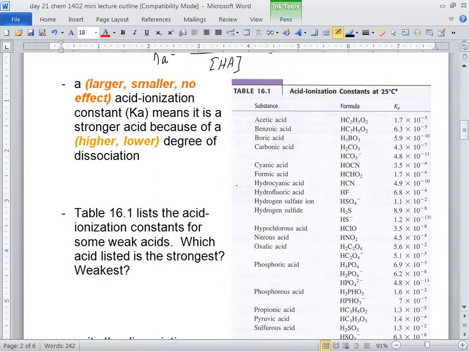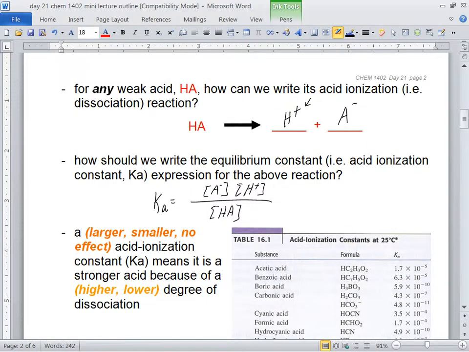Right? Because all these Kas are supposed to be written in this format. So a big Ka means that you've got a lot of product, or a small amount of reactant.